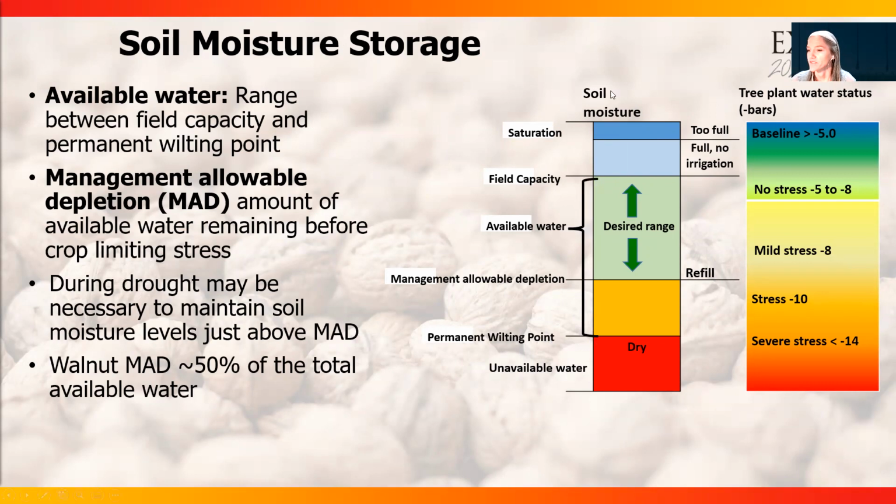However, there is a desired range of available water that represents the moisture that's in the soil that can be extracted without imparting a significant level of stress on the tree crop. And so this desired range between field capacity and management allowable depletion is where we want to keep the moisture status of the soil during the irrigation season.